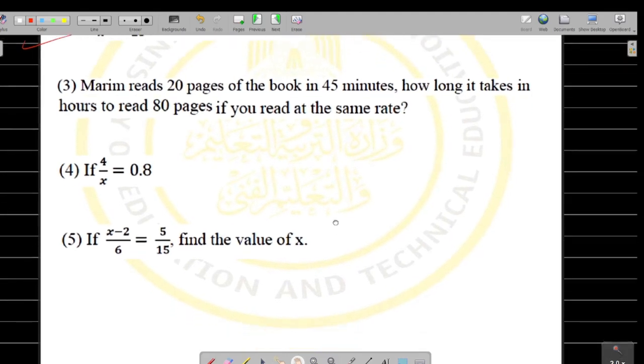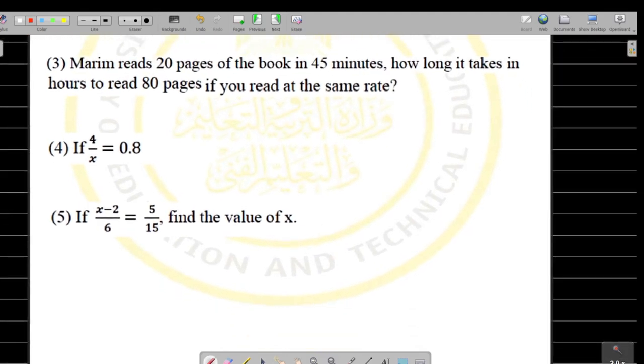Okay, let's see Mariam. Mariam reads 20 pages of the book in 45 minutes.